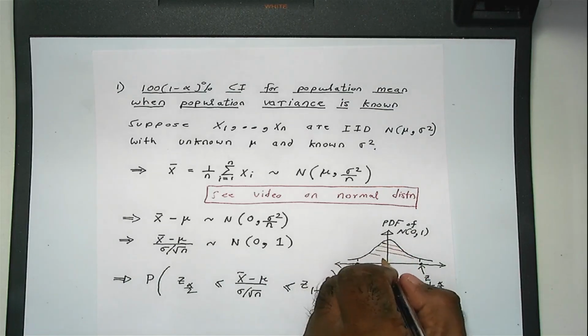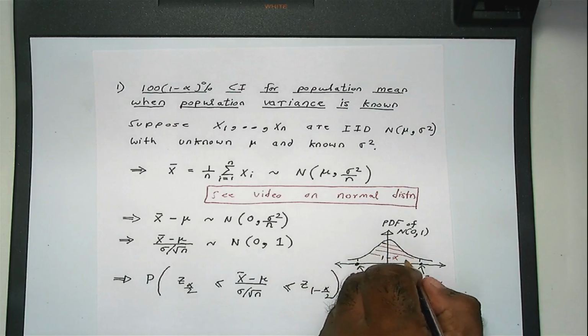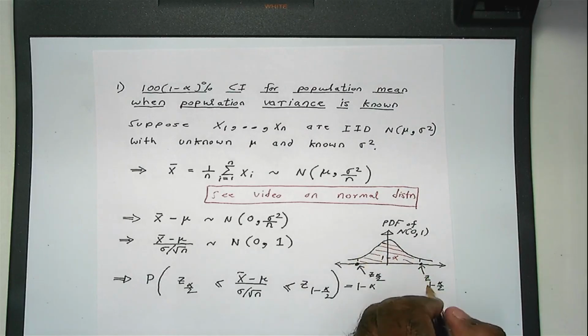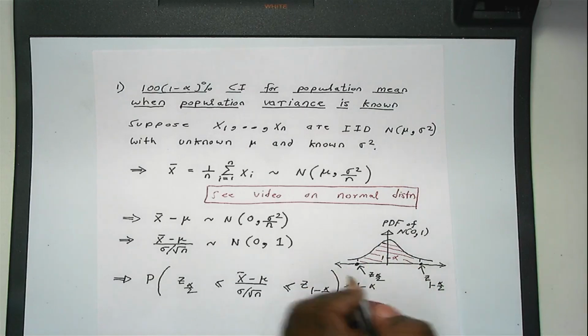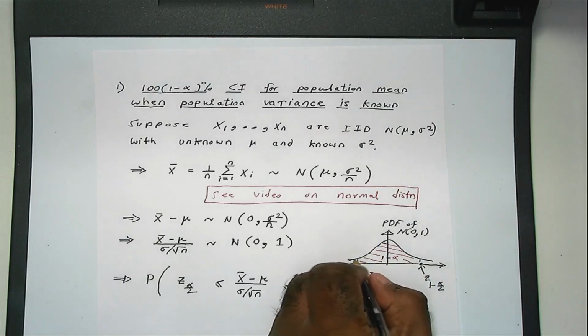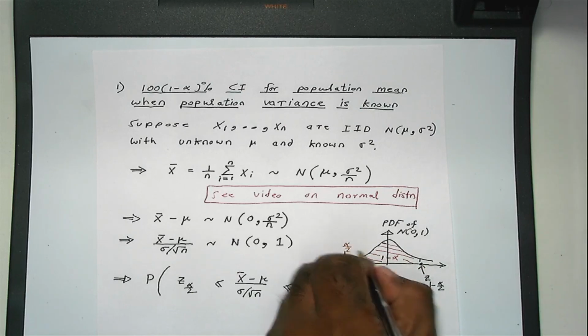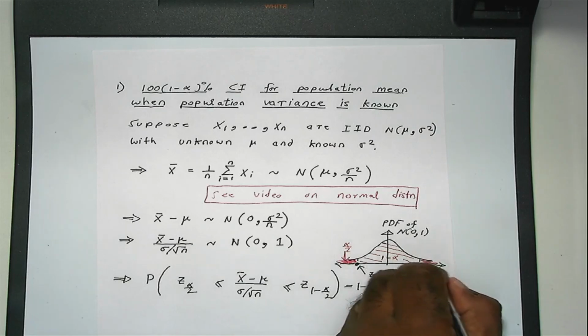is 1 minus alpha. That's because this point here has an area of 1 minus alpha by 2 to the left, and this area here corresponds to an area of alpha by 2, and this area here has an area of alpha by 2.